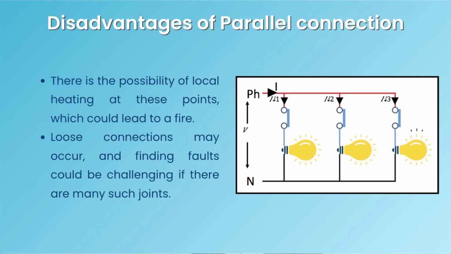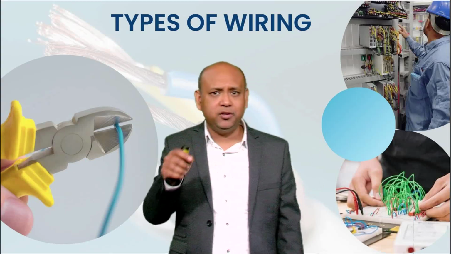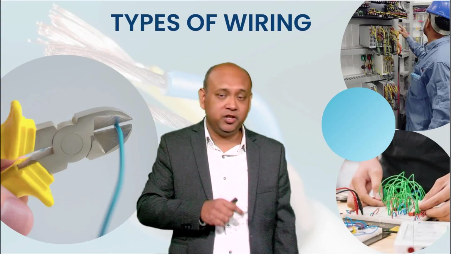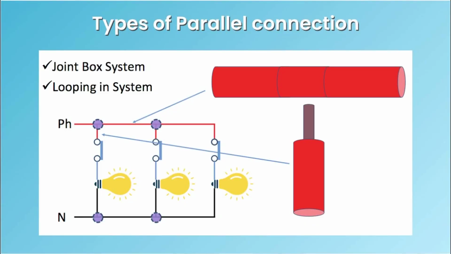There is the possibility of local heating at these points, which could lead to fire. Additionally, loose connections may occur and finding faults could be very challenging if there are many such joints. To make the connections safer and more efficient, two types of connection systems are commonly employed: the joint box system and the looping in system.